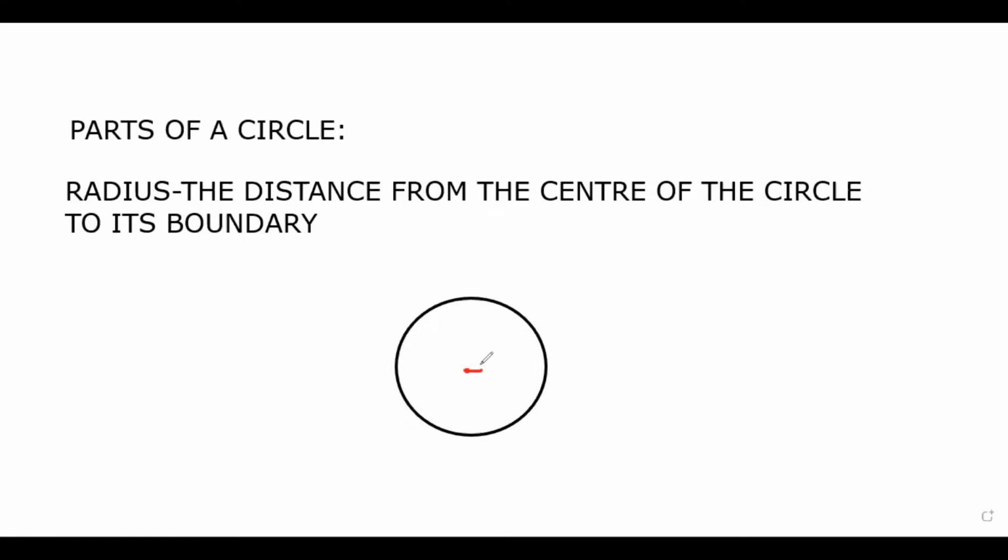Now the radius doesn't necessarily have to go that way. The radius could have been here, here, here. So any one of these could have been the radius. I'm going to call that the radius, R. Now the radius is equal to half of the diameter.